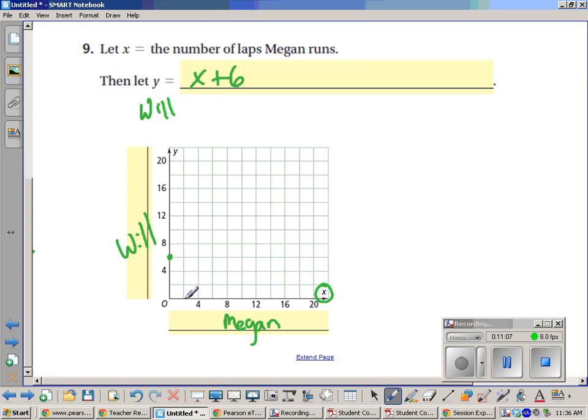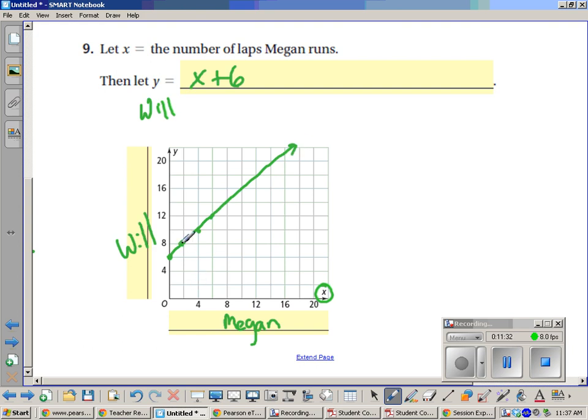And then we're going to go over here. We can skip up to 2. And remember, there are always going to be 6 more. (2, 8), (4, 10), and so on. They just have to stay 6 apart. So we just end up with a graph that represents a line going up.